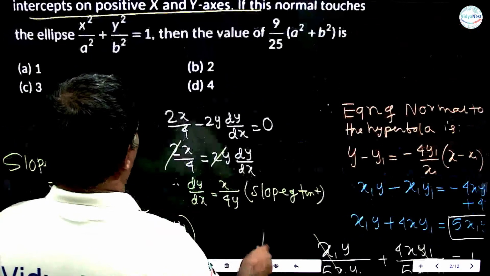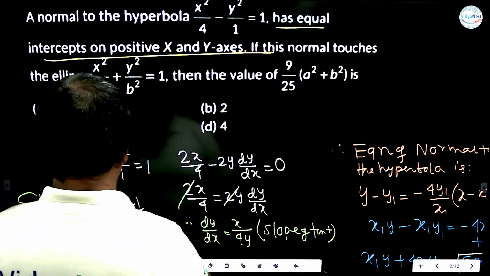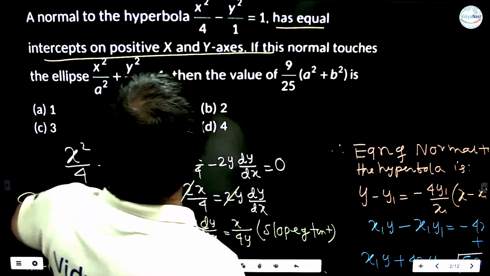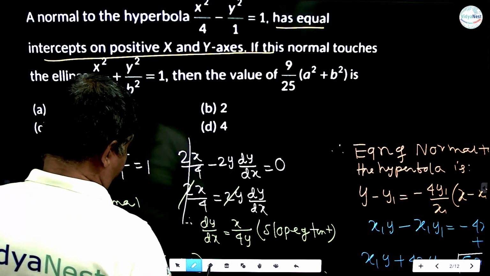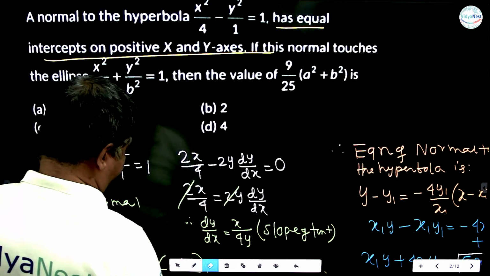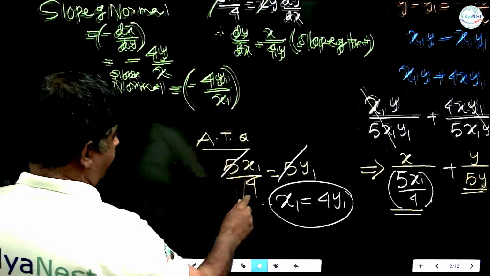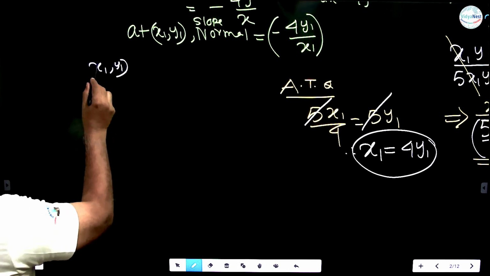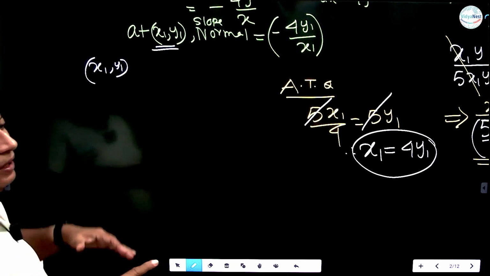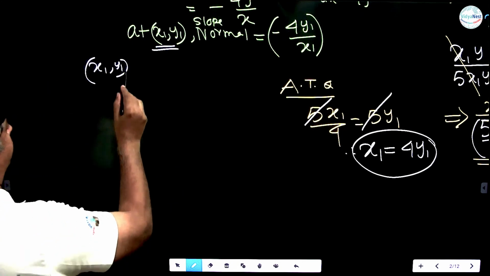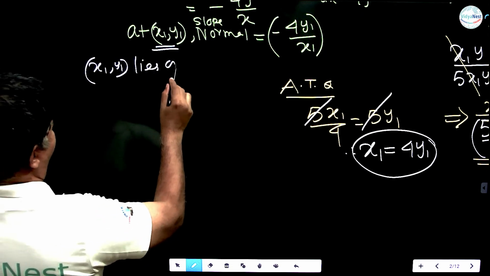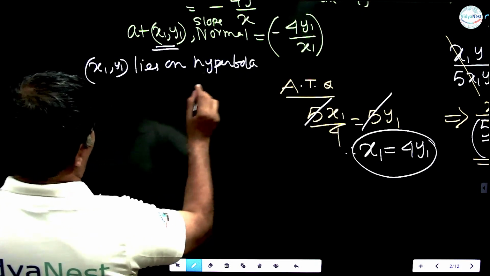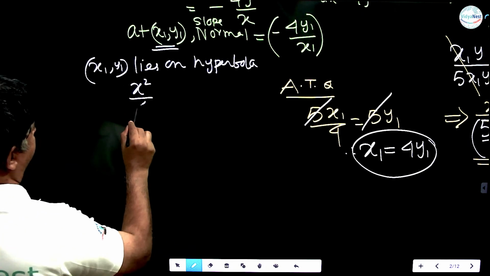See, the point x1, y1 which I have taken, on which you found the normal, lies on the hyperbola.